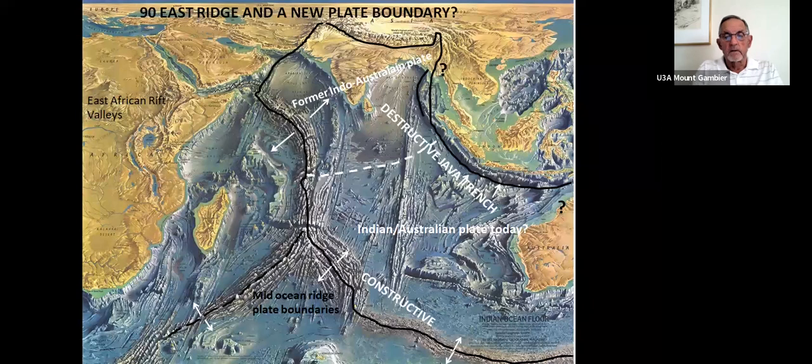Well, if we look further at the Australian plate on the western side, Indian Ocean, we have the central ridge coming from the Southern Ocean ridge. Again, it's a spreading ridge.